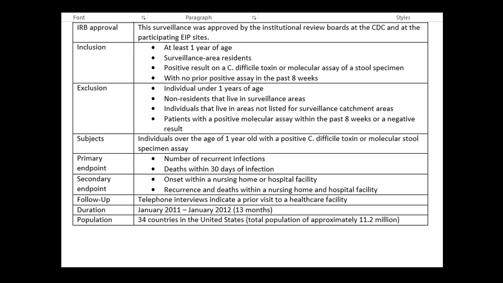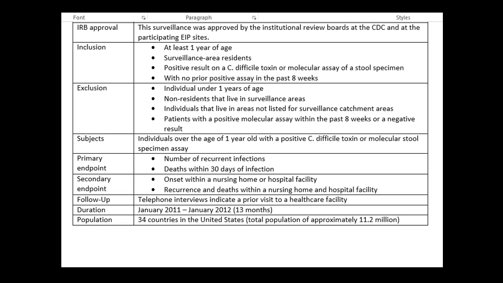The exclusion criteria is basically anything outside of the inclusion criteria. And like I said, the only one specifically mentioned was that they couldn't be under the age of 1. The study was basically looking at the number of recurrent infections and the disease and the deaths that occurred within about 30 days of the infection.